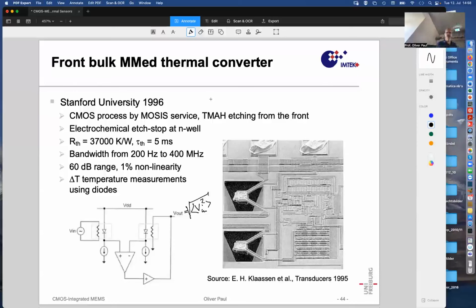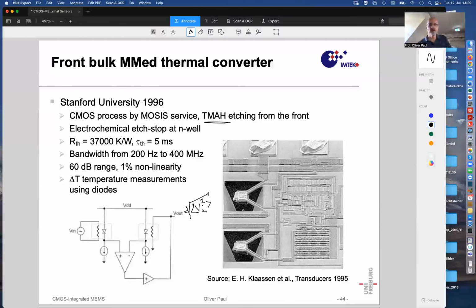Then Claassen and his co-author did anisotropic silicon etching from the front, and interestingly, they did TMAH etching, not EDP etching, as we did at ETH Zurich. So that was an interesting point for us. They had some additives in there that made sure that the aluminum would not be etched. So TMAH also works as a CMOS compatible etching, if you know what to add to it.